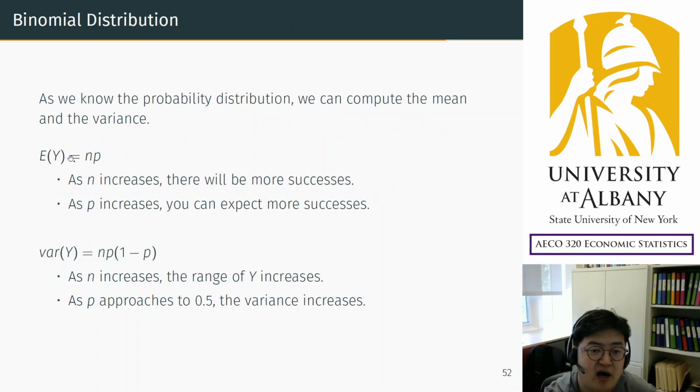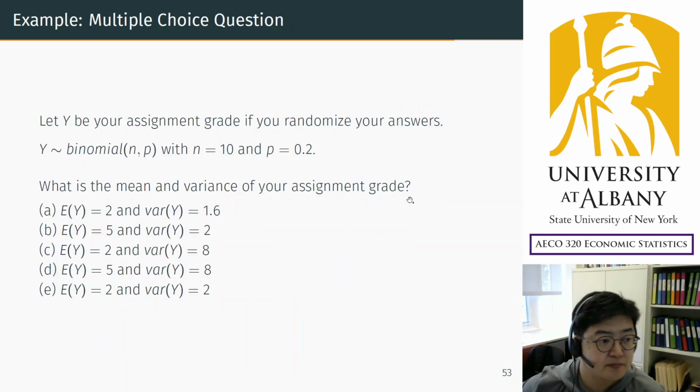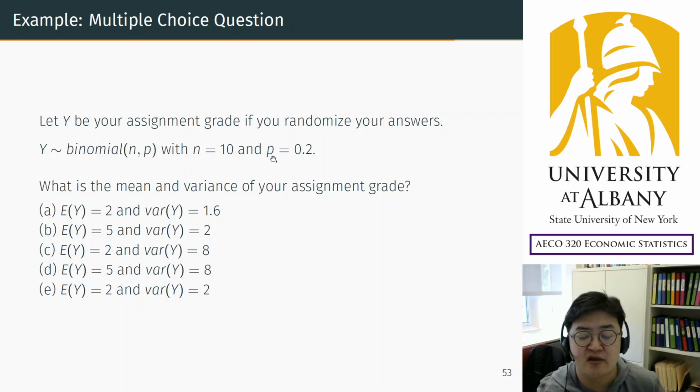You can apply this formula, right? I just want you to see how simple it is. The answer is clear. Out of 10 questions, you are likely to choose 20% correct. So the expectation is 2 points, and the variance is 1.6: 10 times the probability of success, 0.2, times the probability of failure, 0.8.